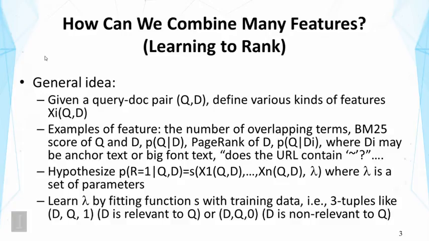So the training data would look like a table of tuples. Each tuple has 3 elements: the query, the document, and the judgment. So it looks very much like our relevance judgment that we talked about in evaluation of retrieval systems.